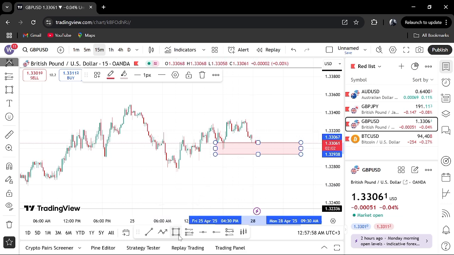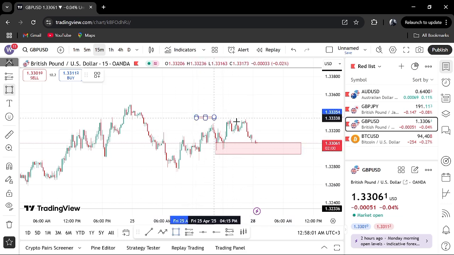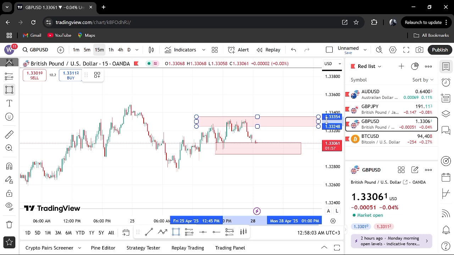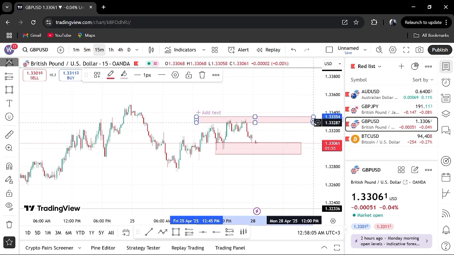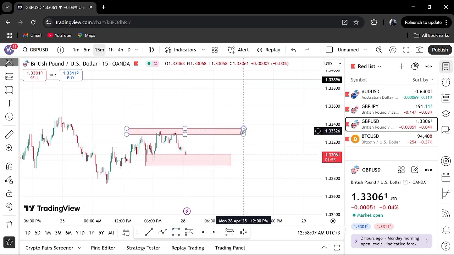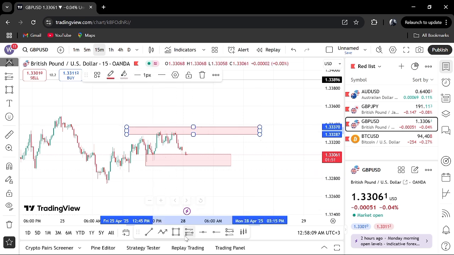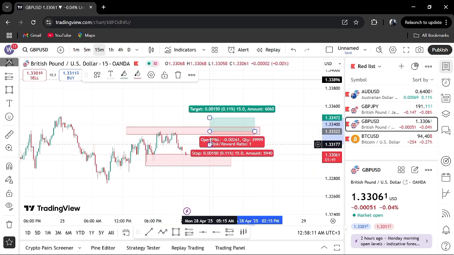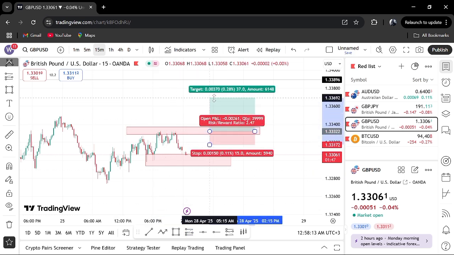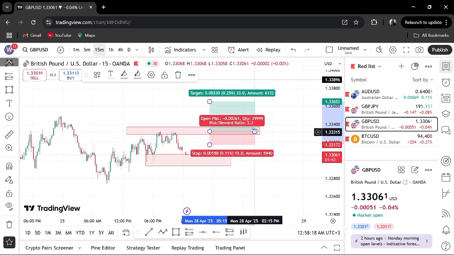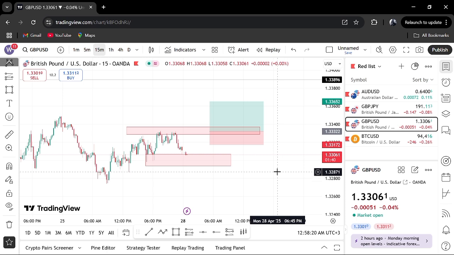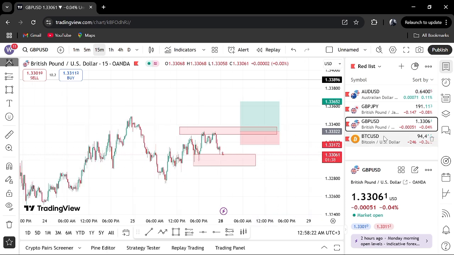But we're not looking for sales. We are going to be waiting for this level to be broken. So for the trades, it's buy. These pairs mostly we are looking for buys. I don't know why, but that's what the charts are showing us. Monday, Tuesday, they are all buys.